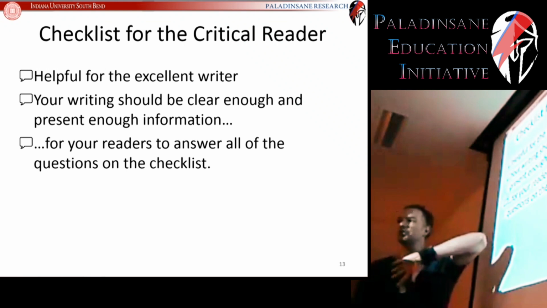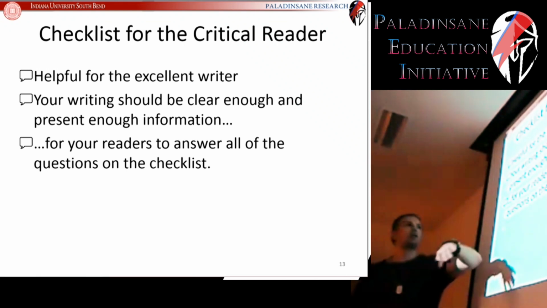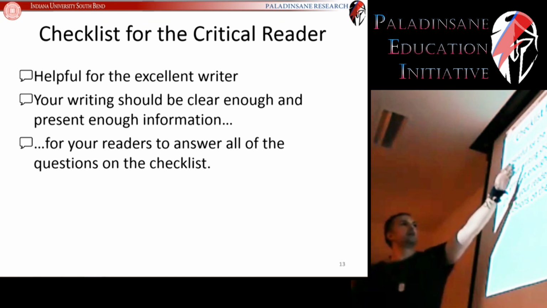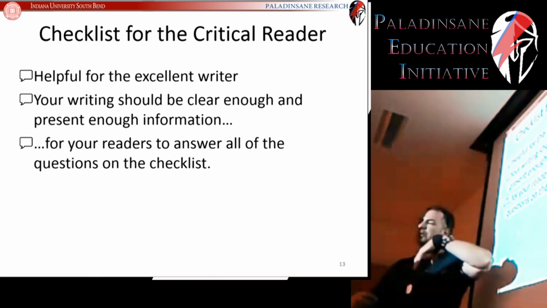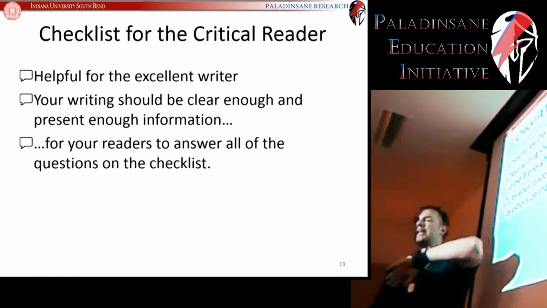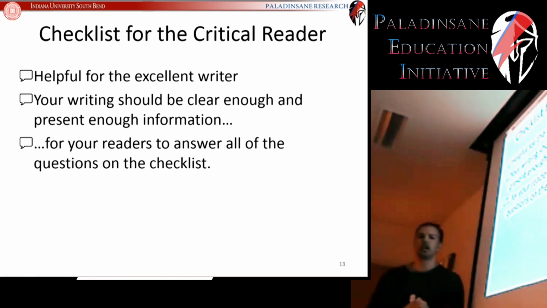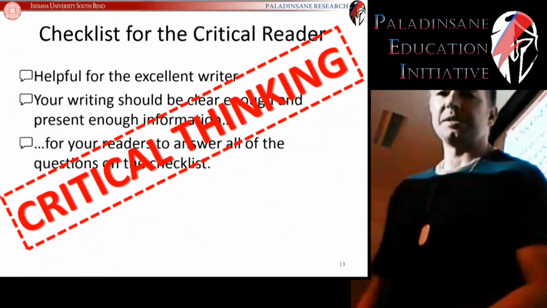When you're writing, also use this checklist. We're going to give you more details in terms of what the outline is. But your writing should be clear enough, and have enough information, that if you gave it to somebody who had never read this before, they should be able to answer all the questions on this checklist. And again, it helps engage your critical thinking processes.